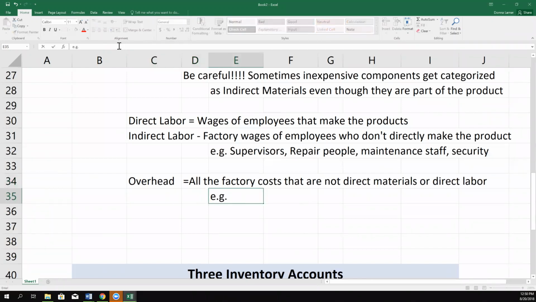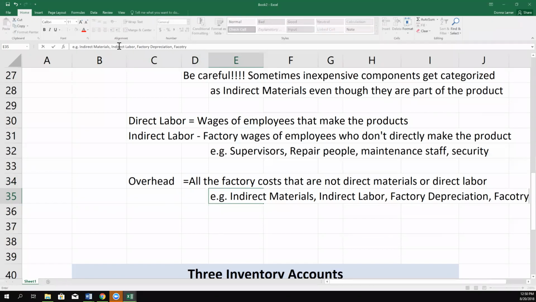So it's indirect materials, indirect labor, factory. I'm going to keep stressing factory because they have to be related to the factory. If they were, let's say, this is factory depreciation. Factory utilities. Yes, I'm writing factory a lot.